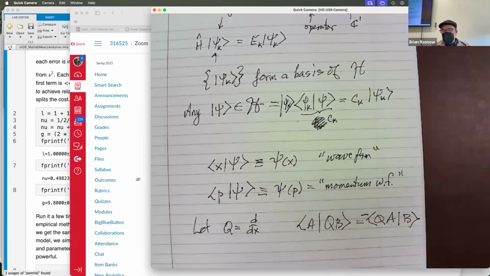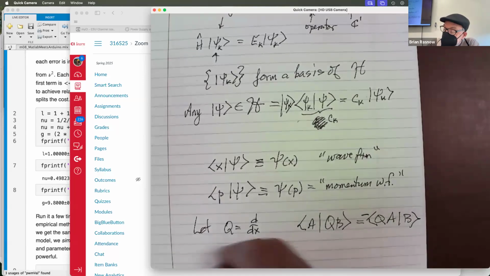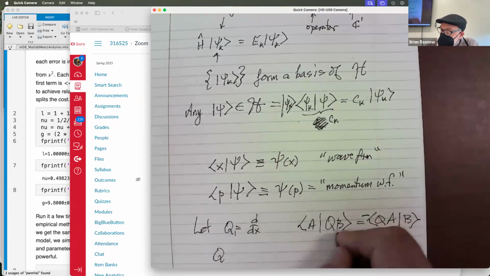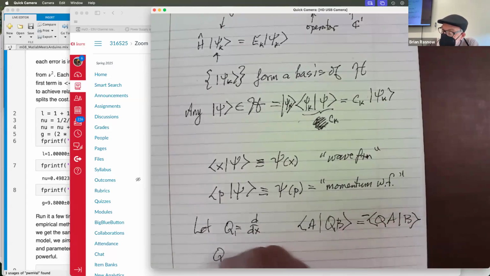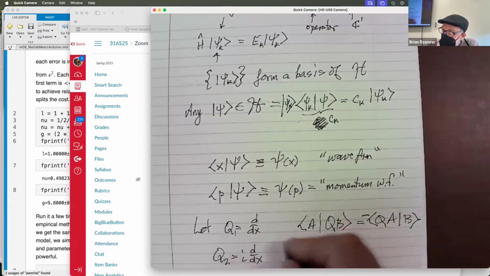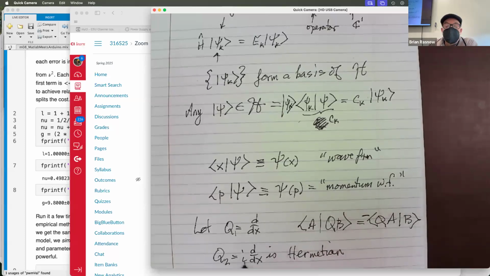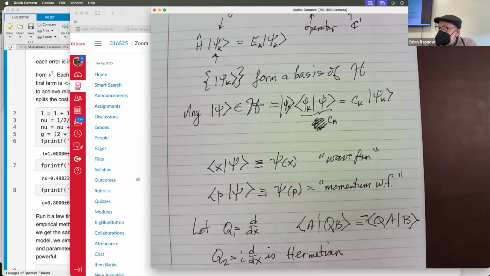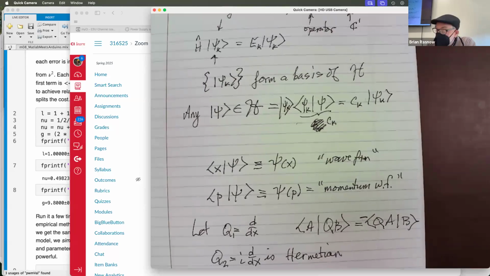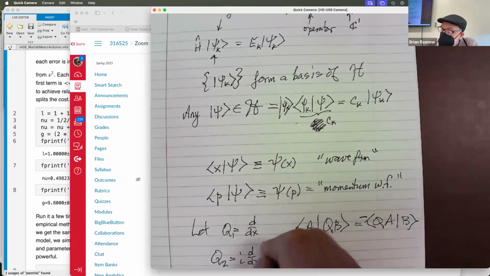It's anti-Hermitian, but Q2 equals i d by dx is Hermitian, because when you move the i to the other side, you get another negative, which kills that one.